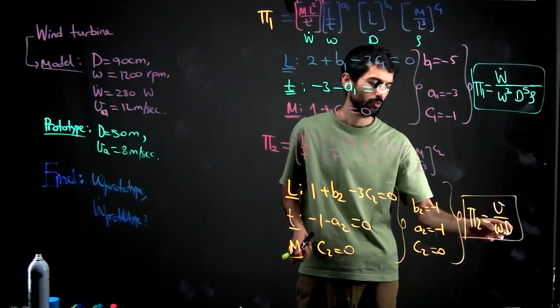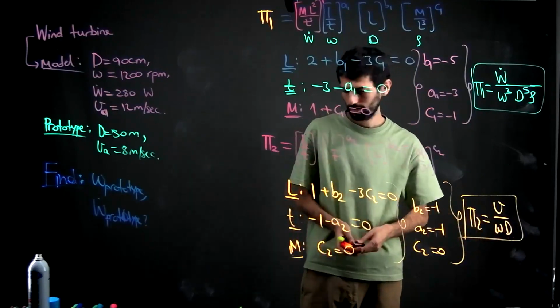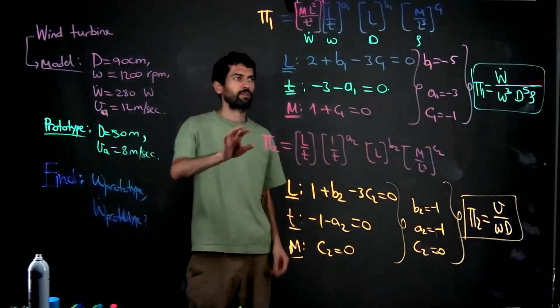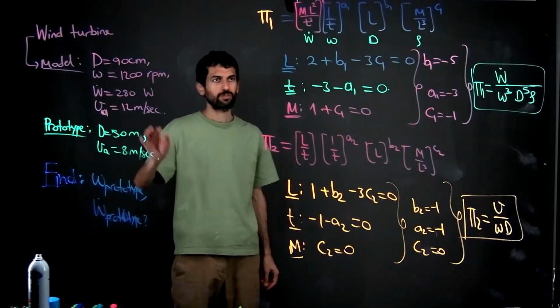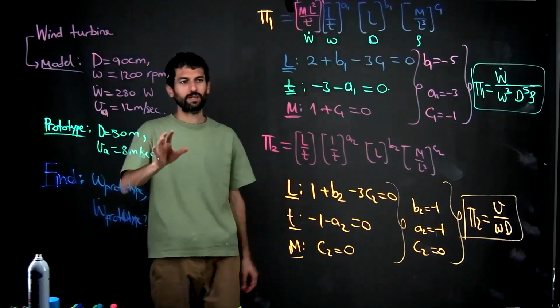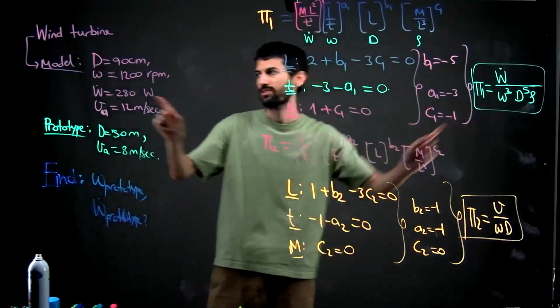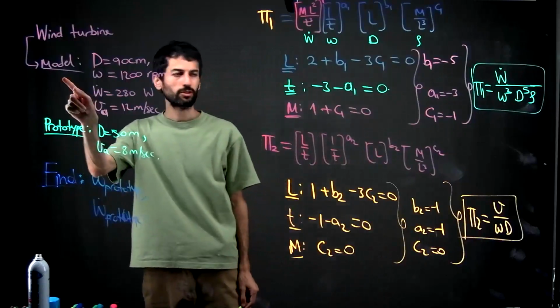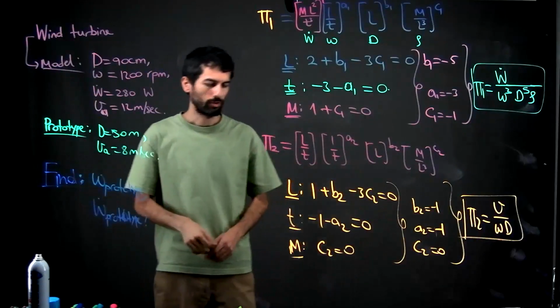So this one just has a coefficient of 2, so the one that we know from tangential velocity. Okay, so we have 2 pi's. So now we will say that the pi1 is same for model and prototype, pi2 is same for model and prototype, and then we will solve for the unknowns.